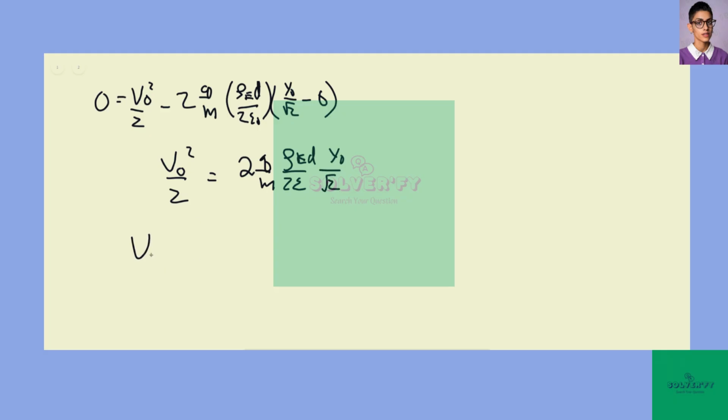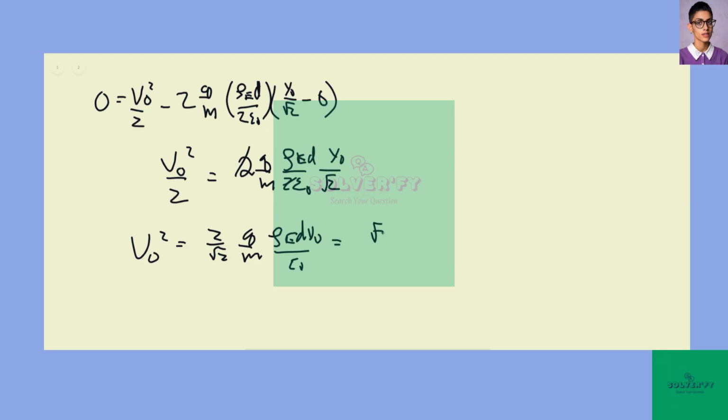Cool. So now v naught squared equals, cancel these guys out, and this equals 2 over root 2 q over m rho e d y naught over epsilon naught. Cool.